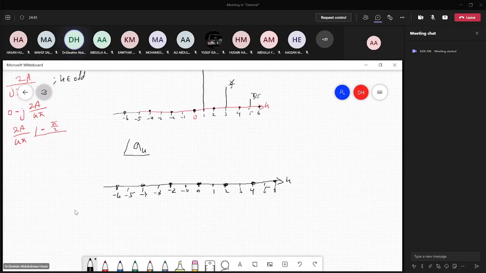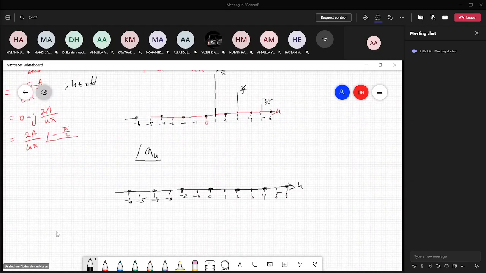So at 1, it is equal to minus pi over 2. At 3, again minus pi over 2. At 5, minus pi over 2, it's constant.